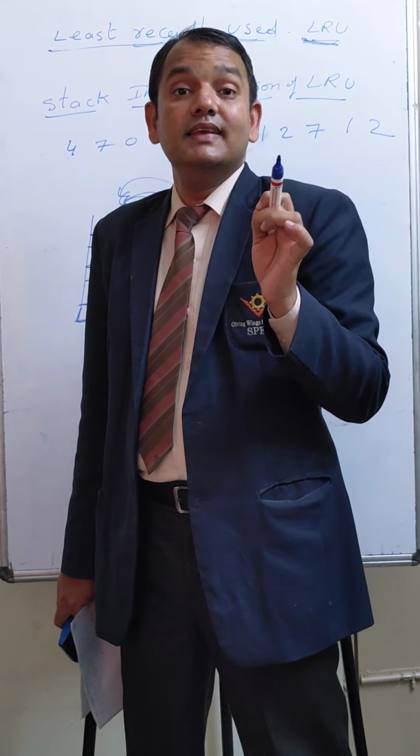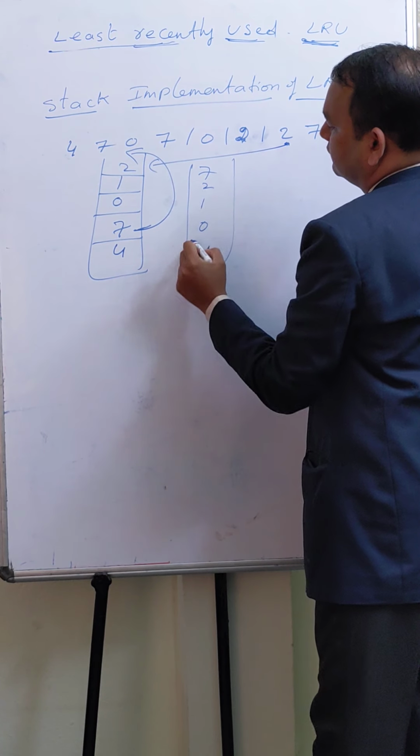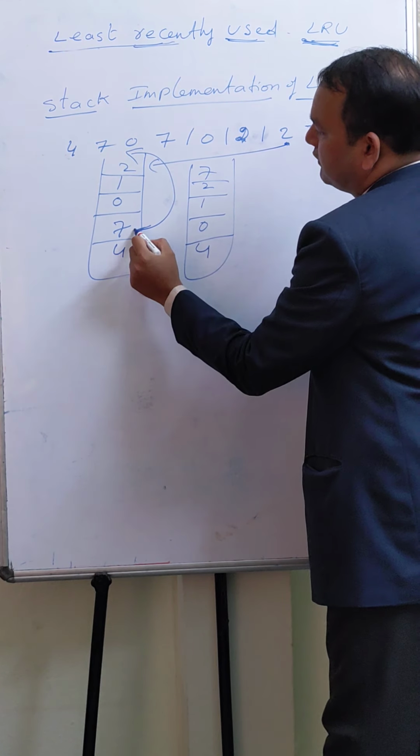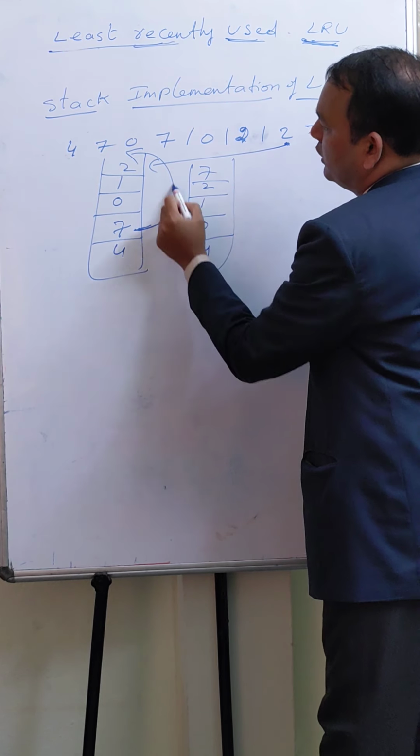Then immediately the stack becomes 4, 0, 1, 2, 7. See that this 7 becomes the top of the stack. So the 7th page now becomes the top of the stack. This is the recently used one. The bottom of the stack is always the least recently used. Then page 4 is going to be replaced, my dear friends.